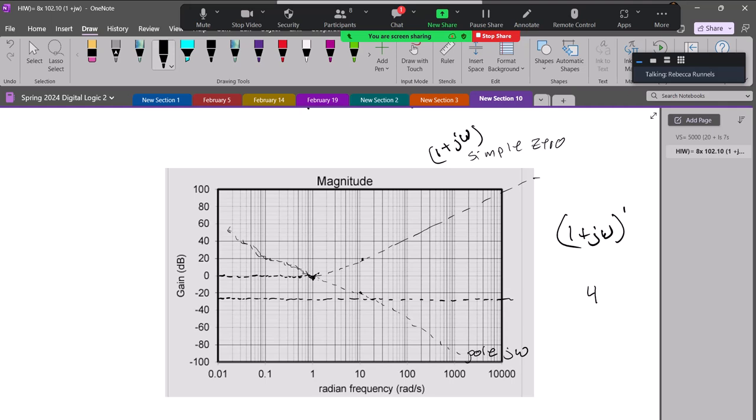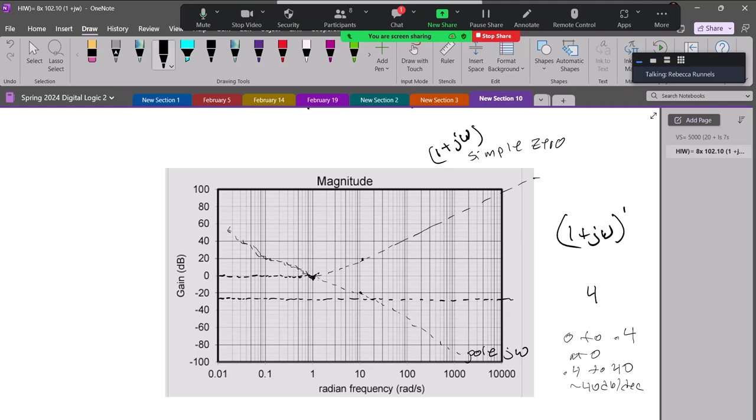Okay, so it goes from 0 to 0.4, it'll be at 0, and then from 0.4 to 40, we'll have a slope of negative 40 decibels per decade.